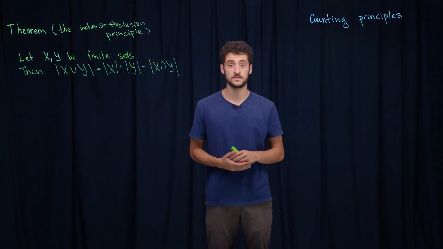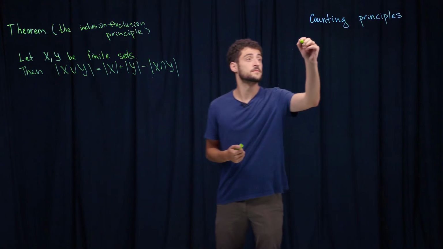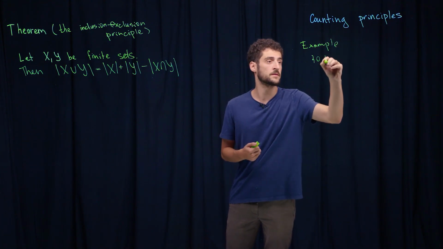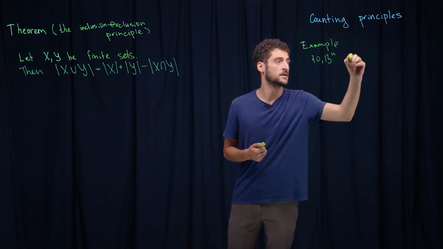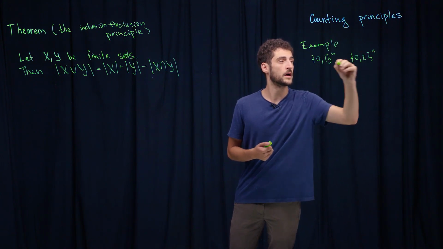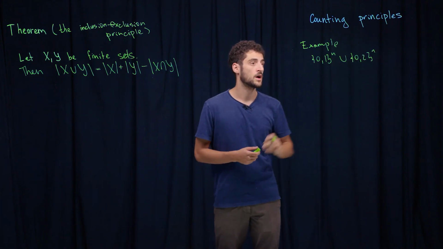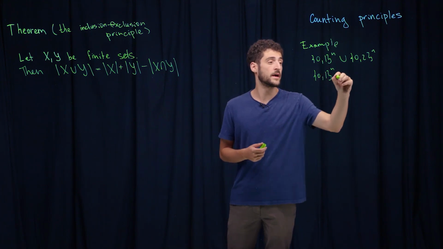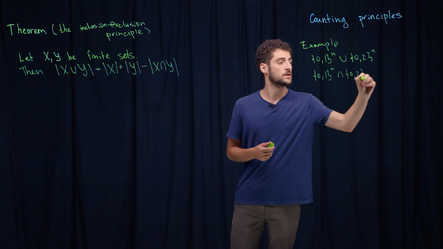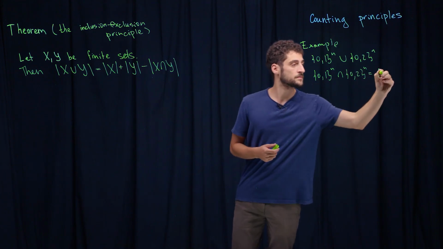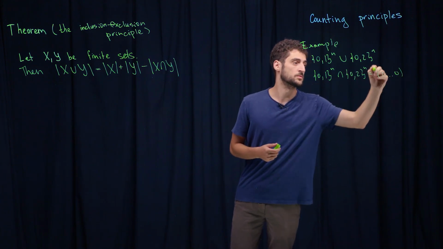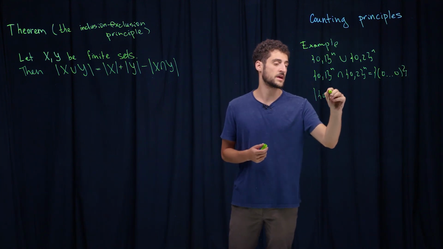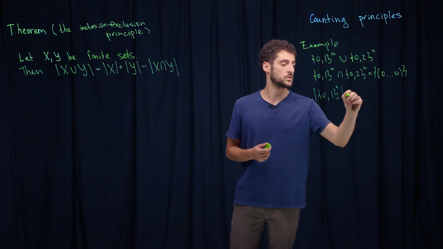Let's illustrate this using the following example. We have two sets, {0, 1} to the n and {0, 2} to the n, and we want to compute their union. Note that they're intersecting, and there is only one element in their intersection, which is the all-zeros tuple. The sizes of these sets are equal to 2 to the n.